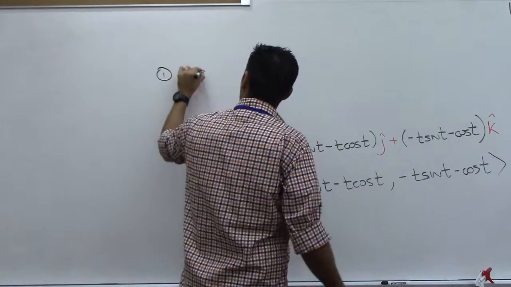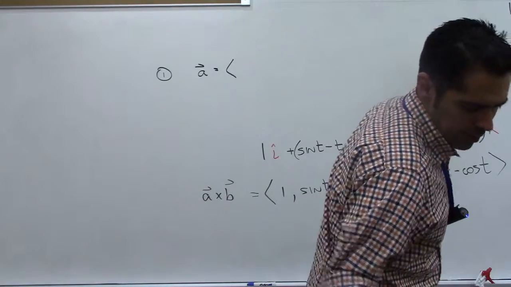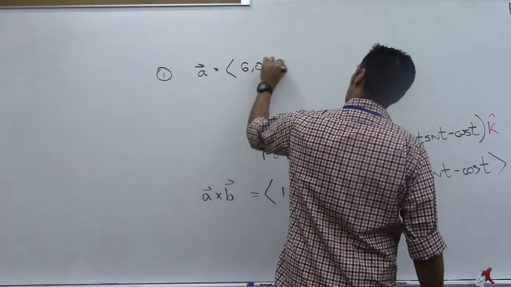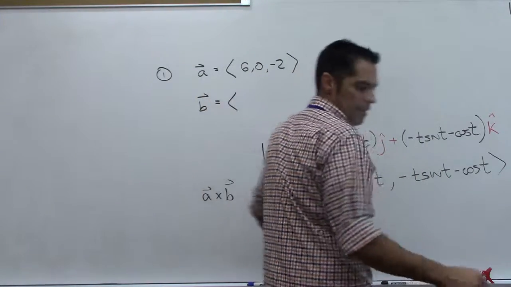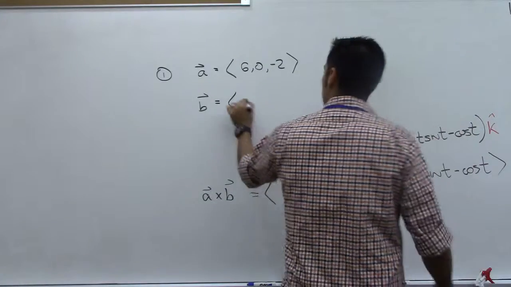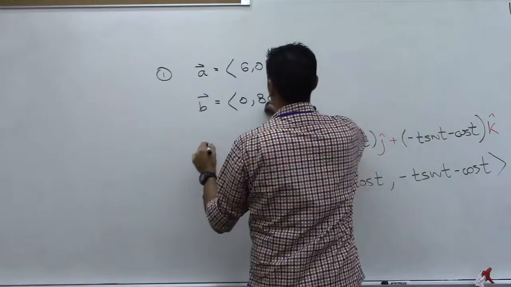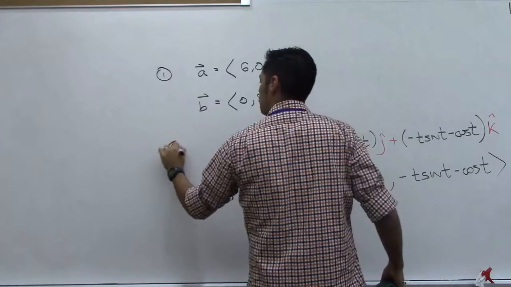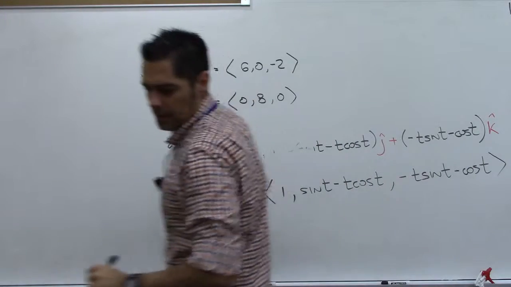I had that the vector A was the vector 6, 0, negative 2. And then I had the vector B was 0, 8, 0. And A cross B was, what did we get there?